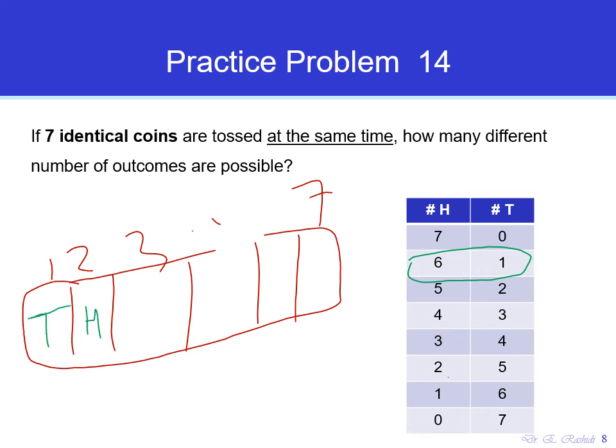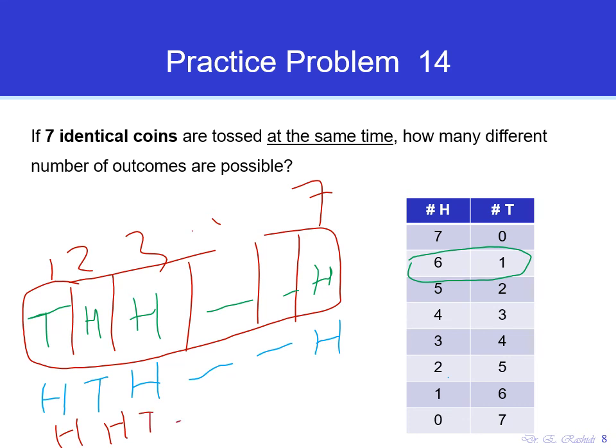So this is tail the first time, heads the second time, heads, heads, all heads. Or you could have, for example, a heads the first time, a tail the second time, a heads the third time, and all of them heads. Or you could have a heads the first time, a heads the second time, a tail the third time, and the rest of them heads.